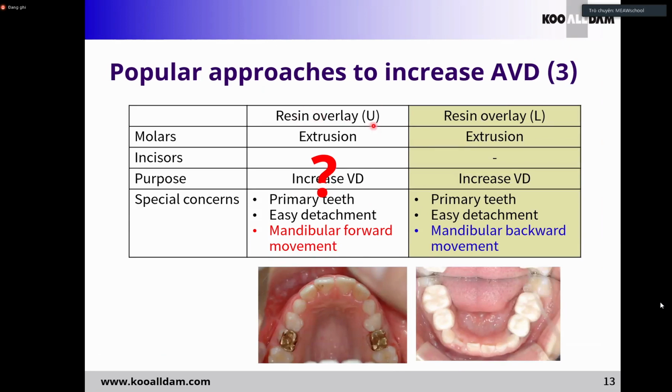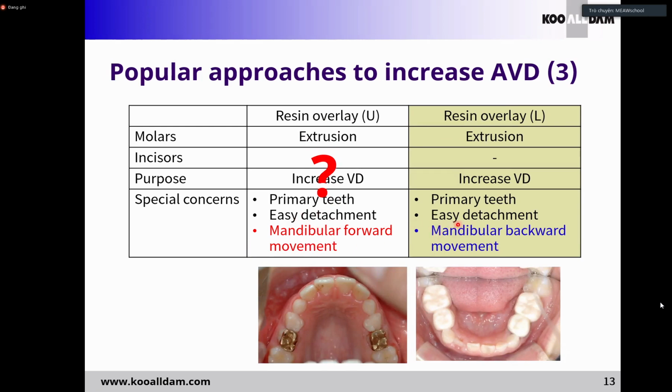When you use resin overlay, which one is better, the upper arch or lower arch? When you use resin overlay in the upper arch, it may cause mandibular forward movement. So it is good for class 2 treatment.